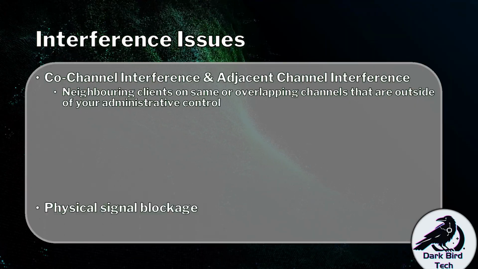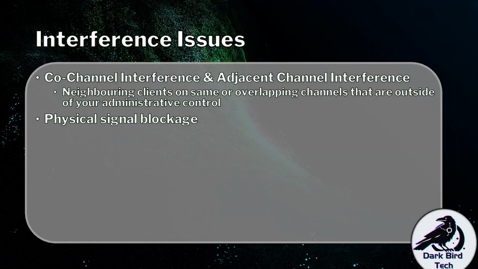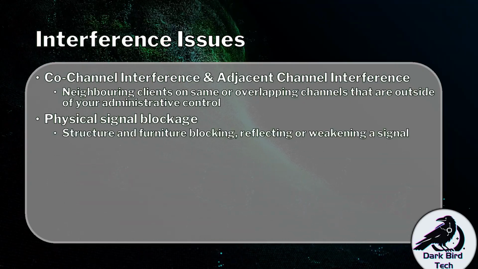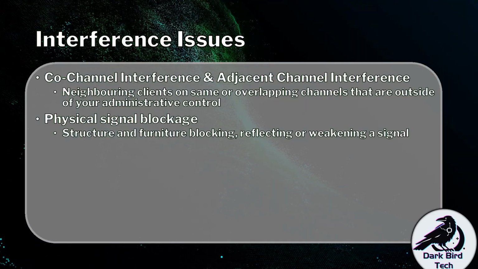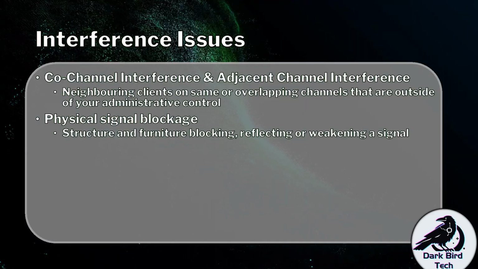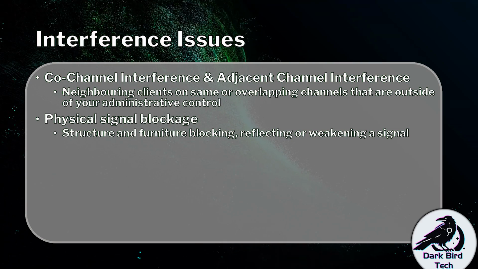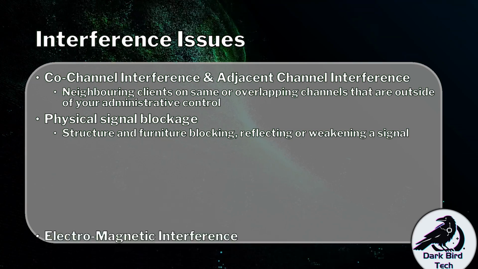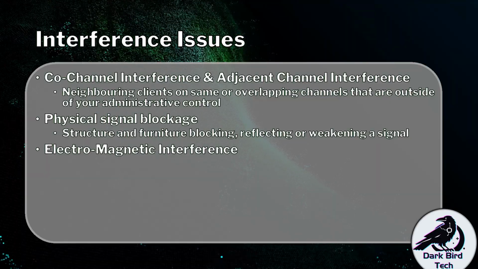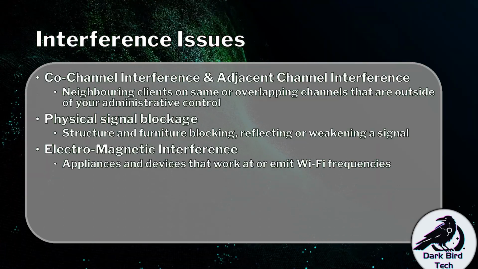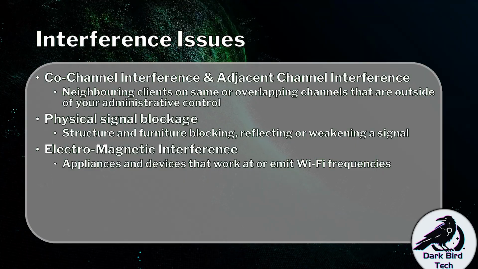You could also try checking for physical signal blockage being a cause for interference. The structure and the furniture can be blocking, reflecting, or weakening a signal, depending on what it's made of and how thick that material is. You could also be experiencing electromagnetic interference, where it's normally going to be appliances and devices that work at similar channels or frequencies to what Wi-Fi works at.